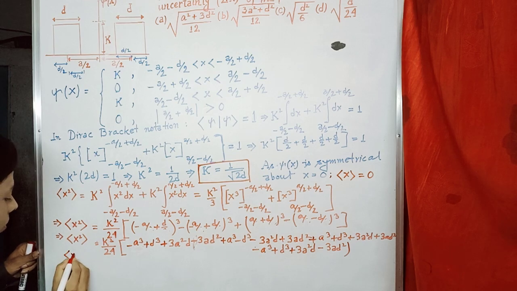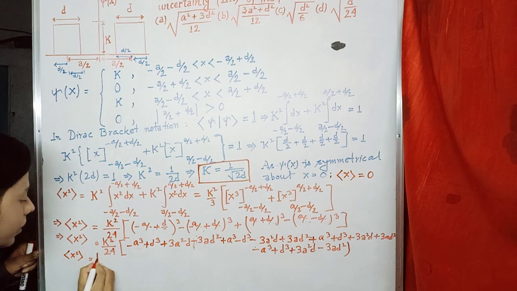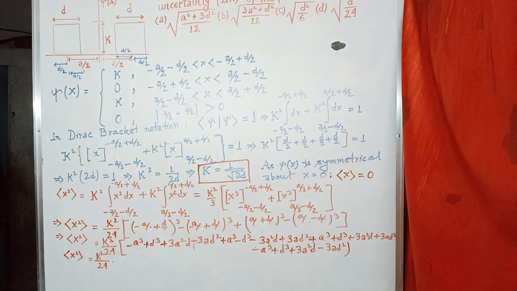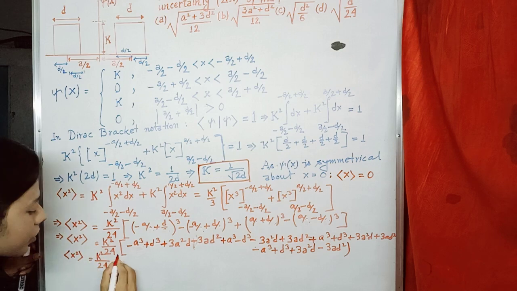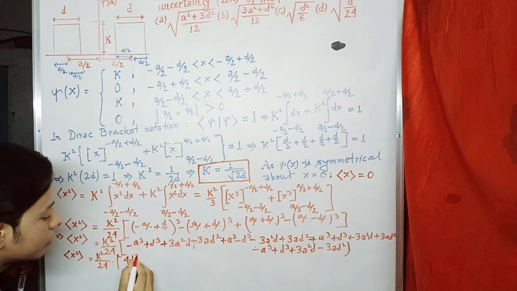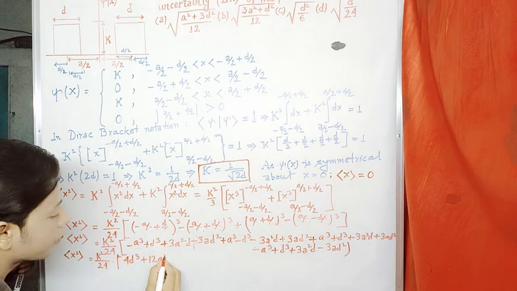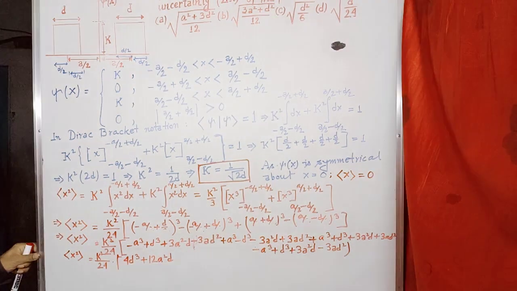So the mean value of x square will be equal to k square divided by 24 into 4d cube plus 12 a square d.